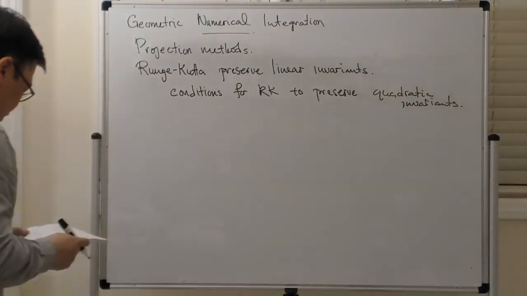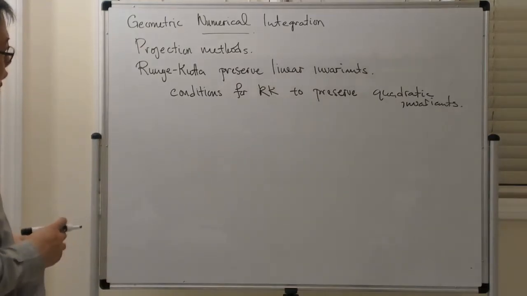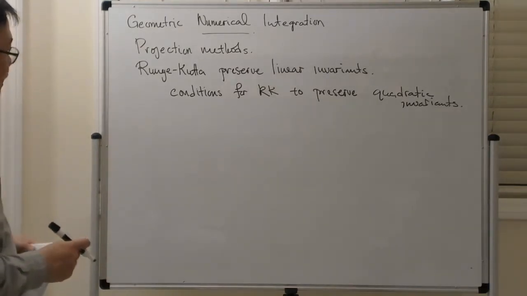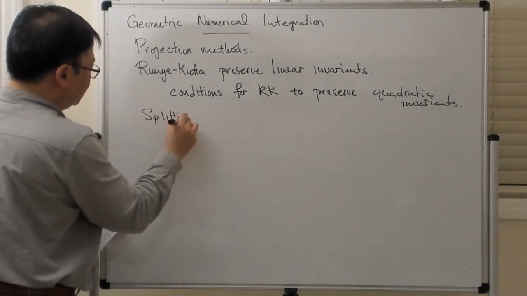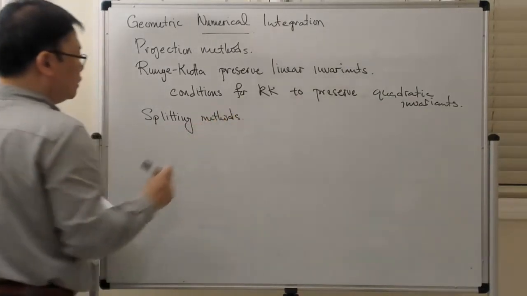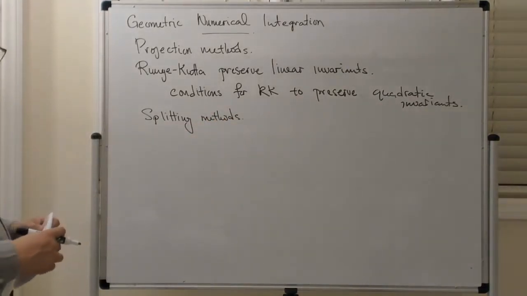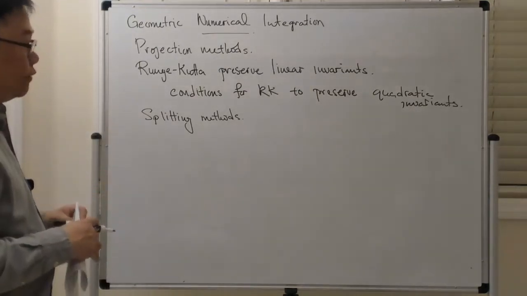All right. Then we looked at other general classes of methods, in particular splitting methods, and the methods which were particularly useful for Hamiltonian and Lagrangian systems was the idea of splitting not the vector field, but the Hamiltonian, right?